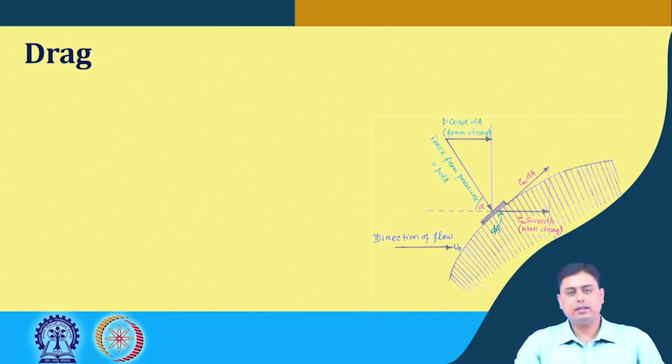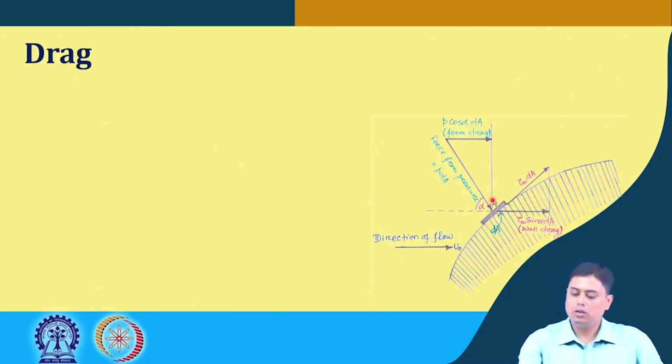Let's say there is a differential element dA, some element of this plate. Now we consider that the direction of flow is in the positive x direction. The plate is angled with alpha.